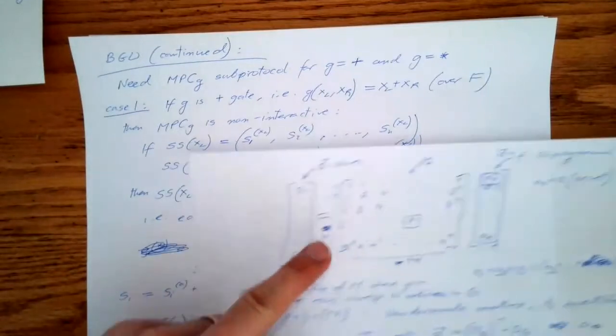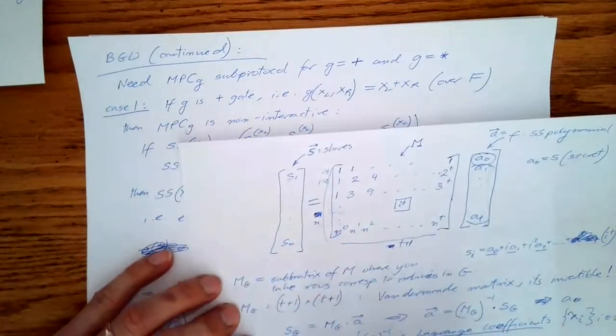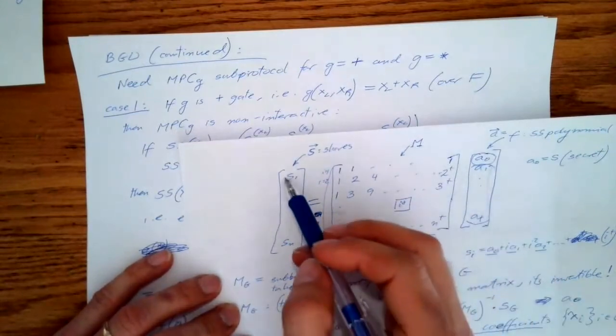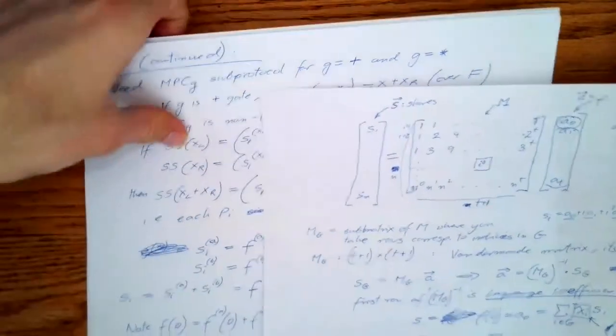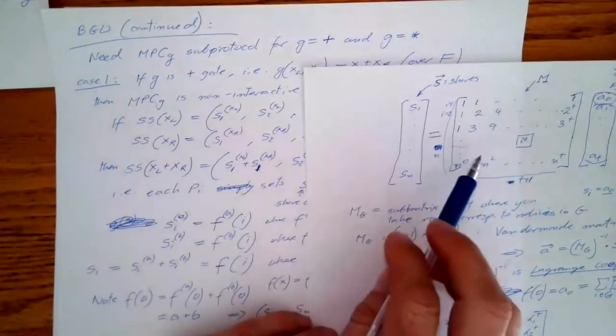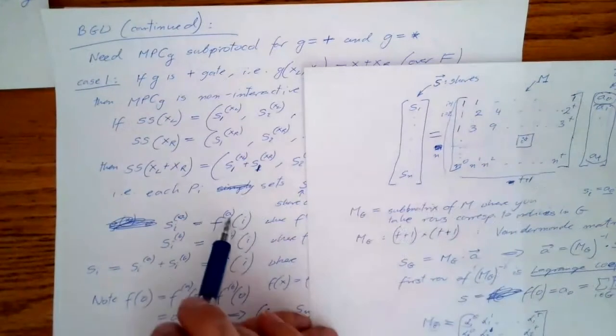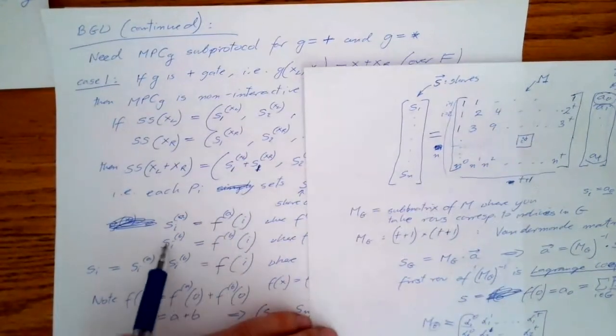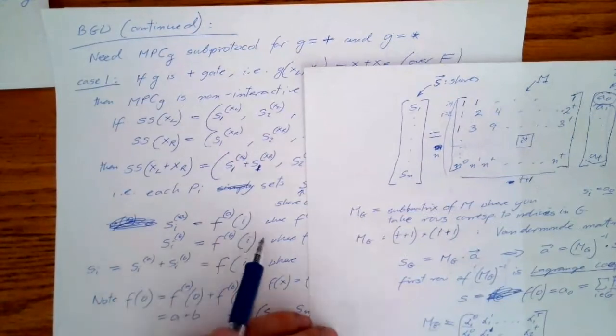This matrix does not change with sharing. So this set of shares is m times the a vector. This set of shares is the same m times the b vector.